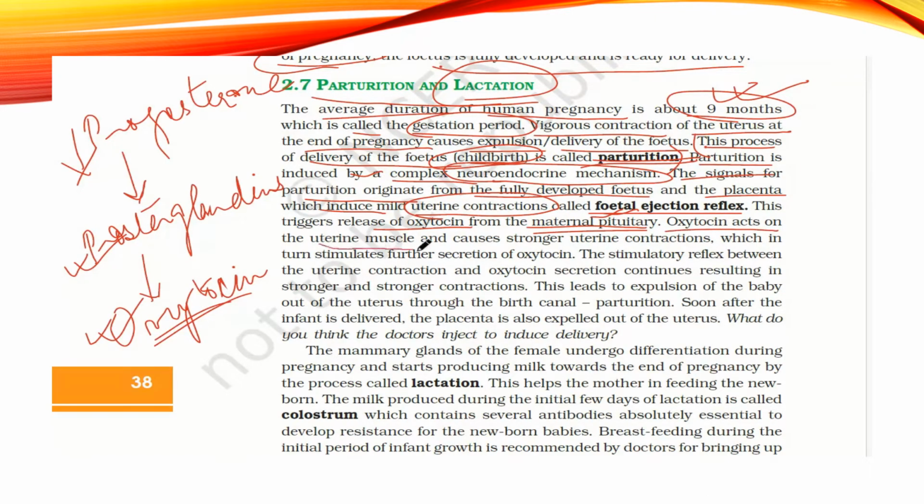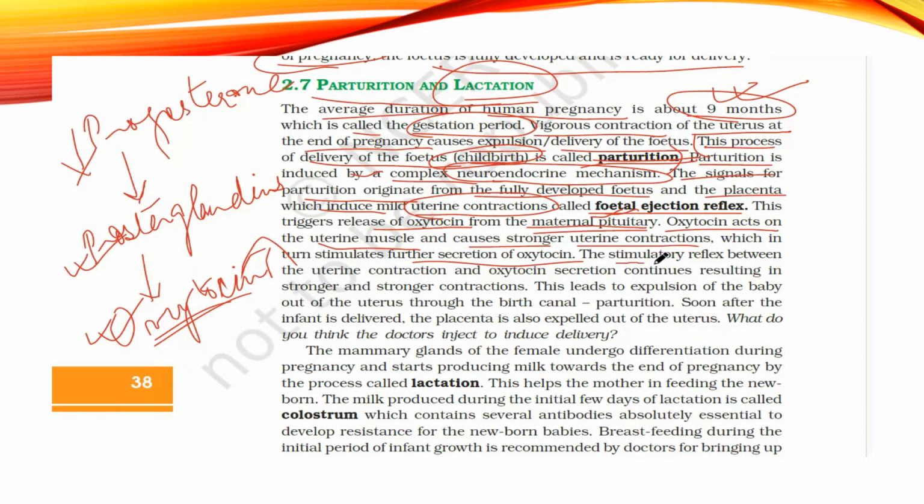Oxytocin acts on the uterine muscle and causes stronger uterine contraction, which in turn stimulates further secretion of oxytocin. The more the uterus is contracting, the more oxytocin is being produced.